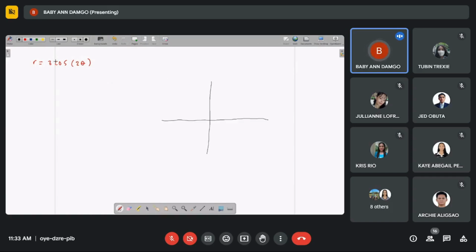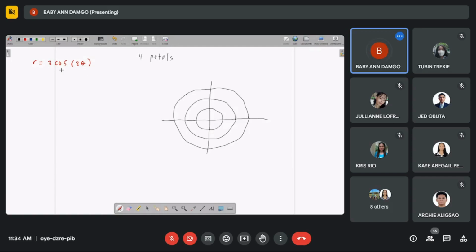Since a here is 3, we have radius 1, radius 2, and radius 3. Okay, so since n is 2, we have 4 petals.